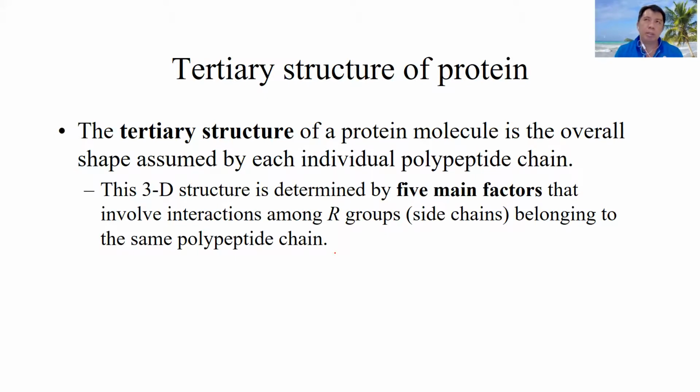Just now the primary structure only involves peptide bonds, whereas the secondary structure involves hydrogen bonds from the interaction of the polypeptide backbone. For the tertiary structure, the interactions that form involve the R groups or the side chains.